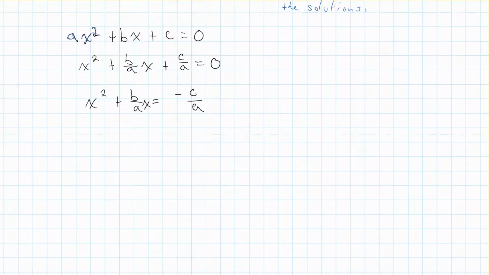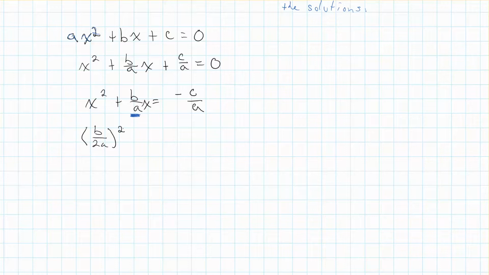Alright, so now we're going to do the complete the square portion. So we're going to look at this middle term here. I'm not going to say b here, I'm just saying this is the middle term, because it's that middle term divided by 2 squared. So what am I going to look at? I'm going to look at the quantity b over 2a quantity squared. And I'm going to add that to both sides of the equation. So what do we have here?